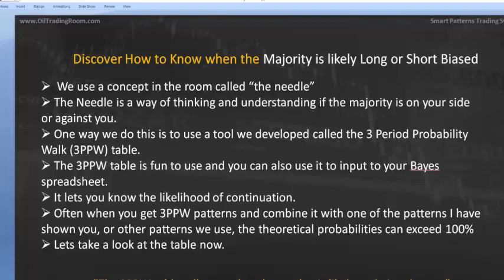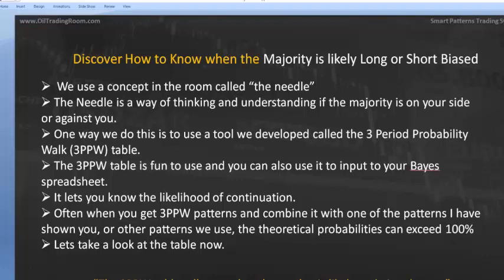But anyways, the 3-period probability walk table, that I'm going to show you in a minute, is a form of market mapping that's very, very powerful. And it's a lot of fun to use because you can also input that into the base spreadsheet. So now you've got more inputs and you can get even higher probabilities.